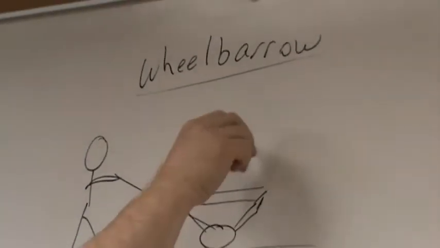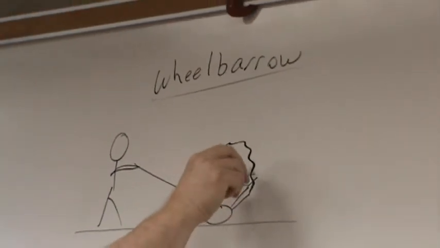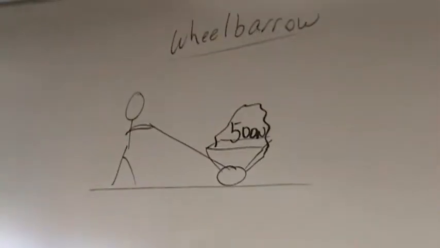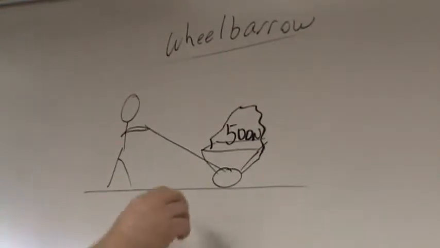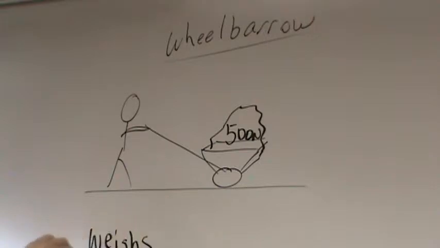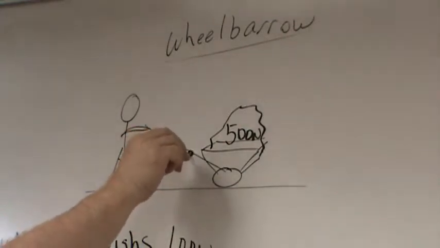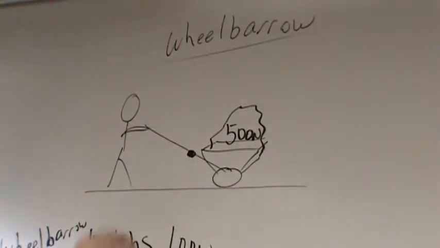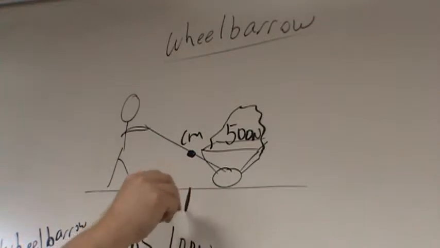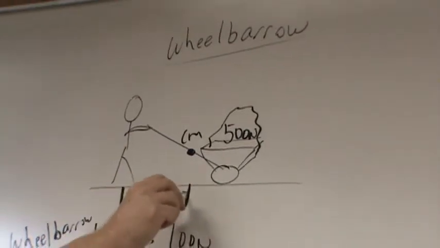Well, anyway, so I got this wheelbarrow, and it's got the 500 newtons of stuff in it right there. And the wheelbarrow itself weighs 100 newtons, and the center of mass of the wheelbarrow is right there. This distance from there to there is 0.8 meters.